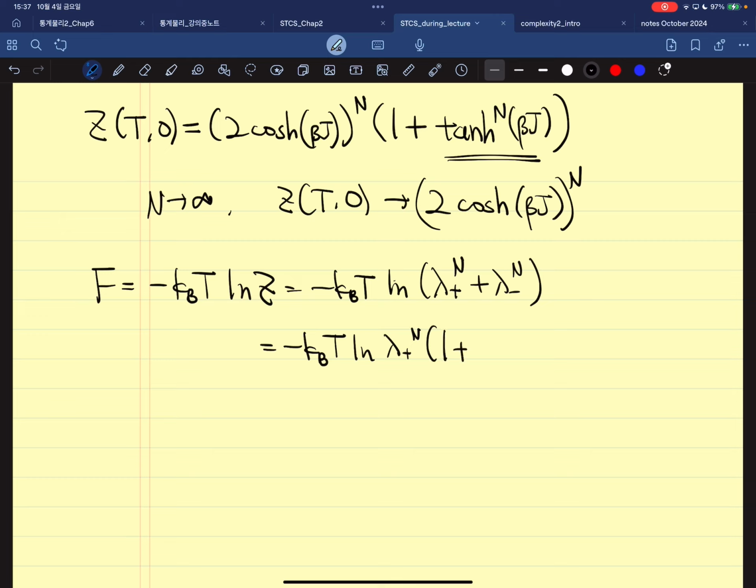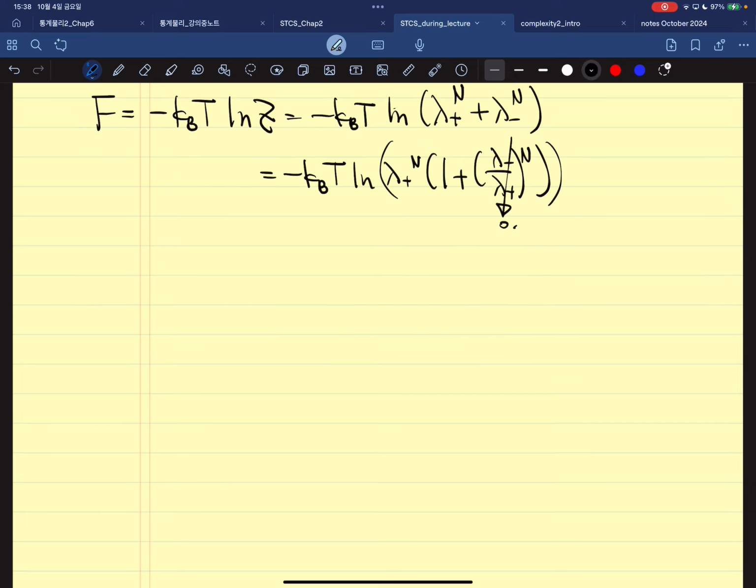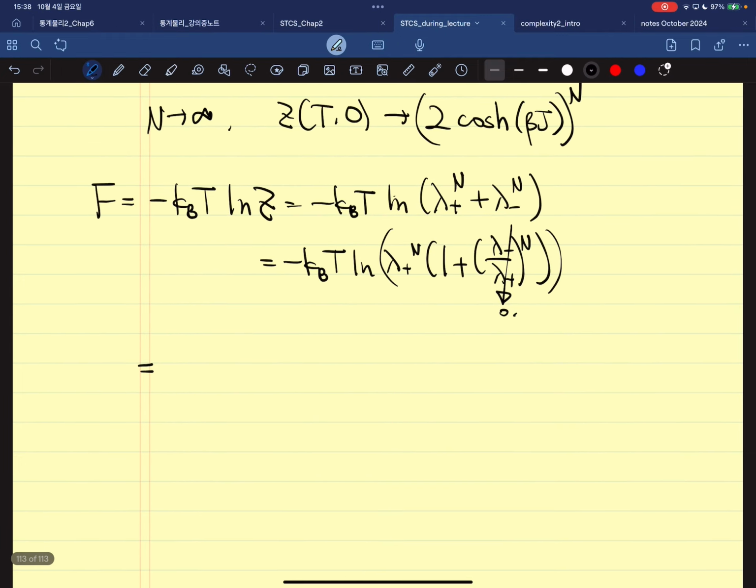But also, using this thing, let's plug in this one. But now for completeness, we actually re-plug in the possibility of non-zero H as well.